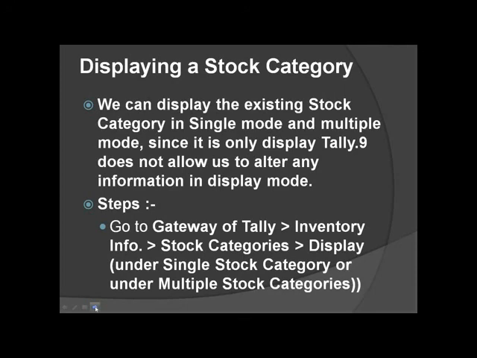Multiple mode can be used to see the list of stock categories, multiple categories at a time. Since it is only display, it doesn't allow us to alter or make any modifications in the information which is already entered.